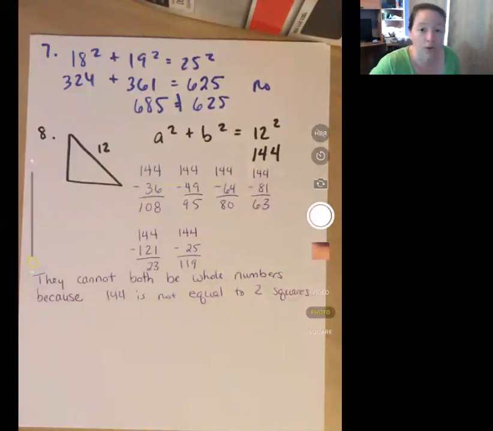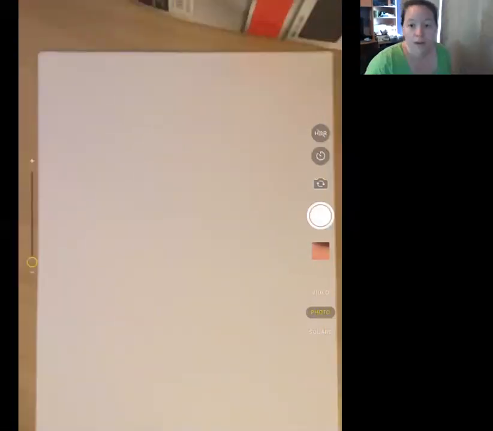Okay, so over on the guided practice, pause it if you need to. We are on the guided practice. Number 1, Lysandra used grid paper to construct the triangle shown. I'm on page 386. What are the lengths of her triangle?